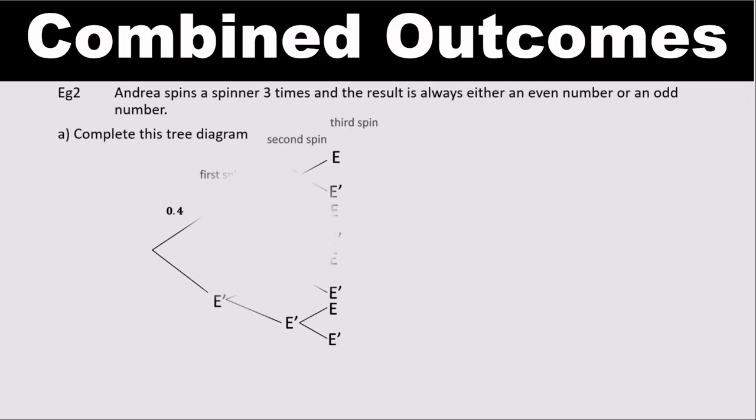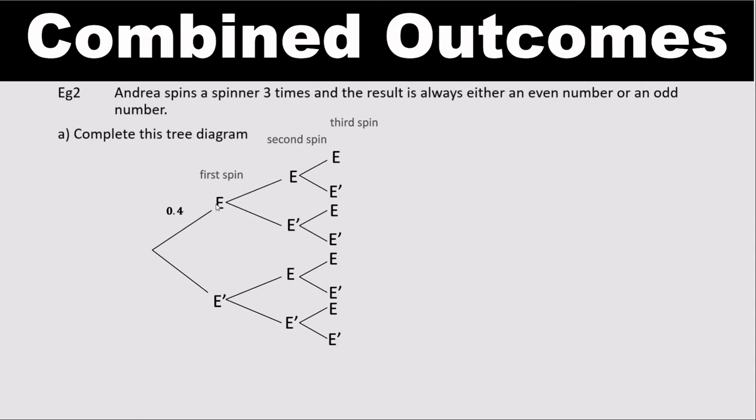This time Andrea is spinning a spinner 3 times, and the result is always either an even number or an odd number. Now, this is a spinner, not a die, and we're not told what the possible numbers are on the spinner. However, we're given this tree diagram to complete, and we're told that the probability of spinning an even on the first spin was 0.4.